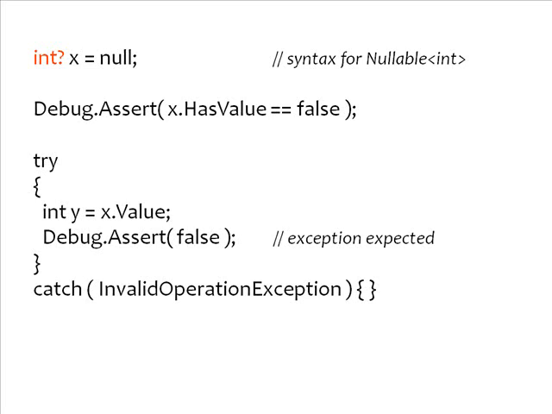If I try to get the value of x, I'm expecting that that's going to throw the invalid operation exception, and so the debug assert false in that line doesn't get executed because in fact the exception got thrown. So this illustrates the syntax for a nullable int, or as I prefer to pronounce it, int query.